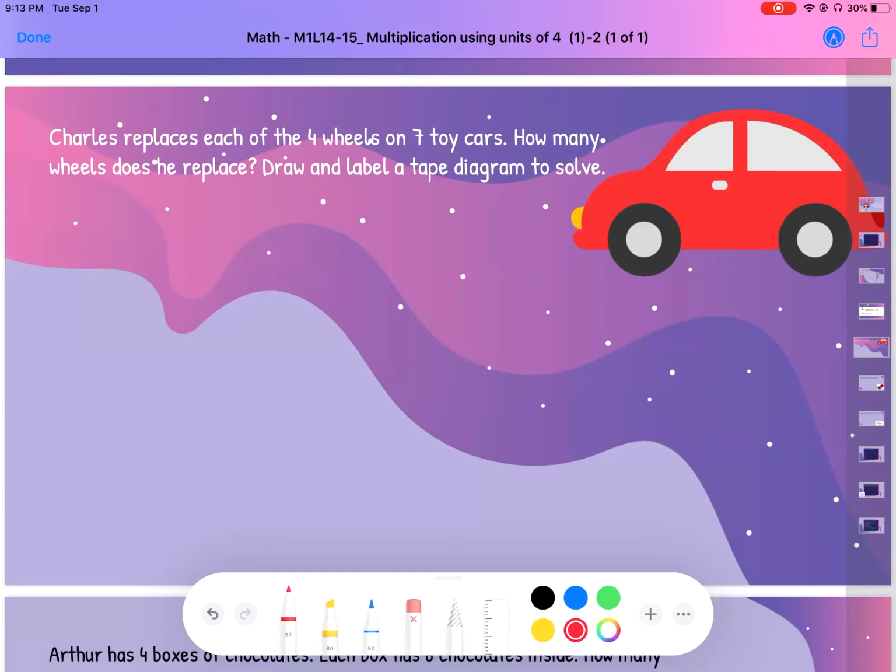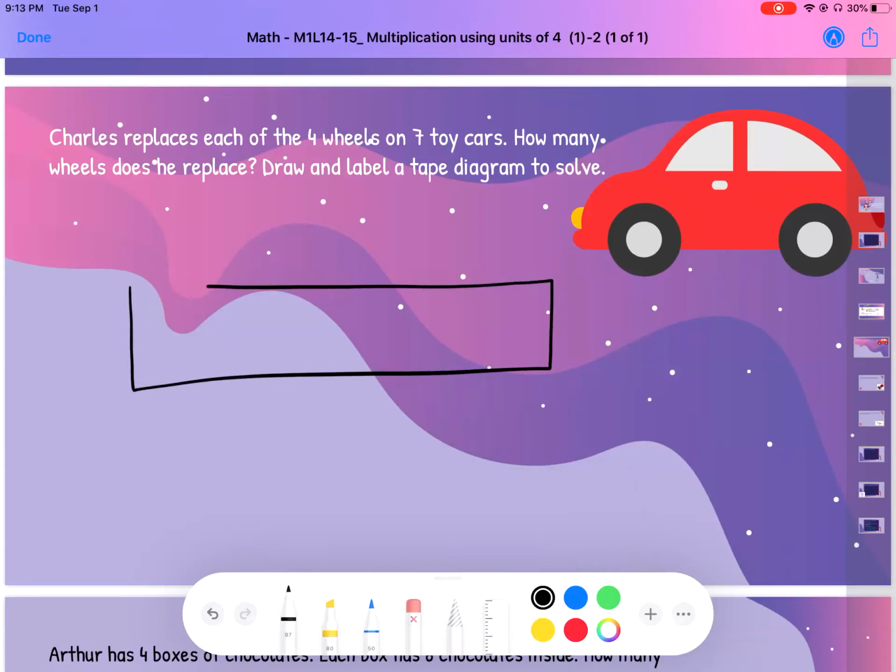Charles replaces each of the 4 wheels on 7 toy cars. How many wheels does he replace? Draw and label a tape diagram to solve. I'm going to draw my tape diagram first.